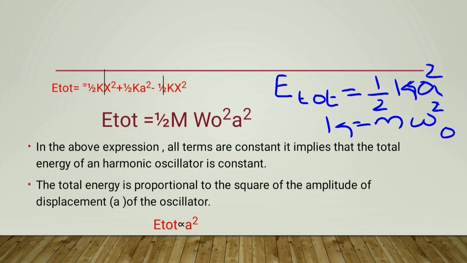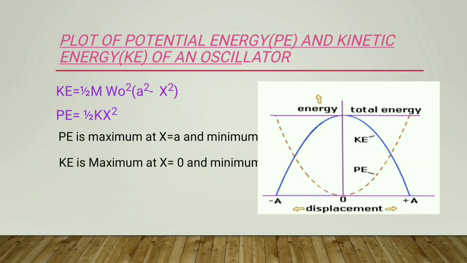So now we can plot the energies. Take two axes, a horizontal axis with the position and a vertical axis with the energy. So firstly, take potential energy equal to half k x square. If you take x along the horizontal axis and potential energy along the vertical axis, we can see that half k x square will be a parabolic curve.